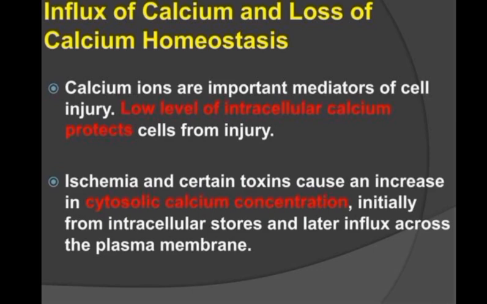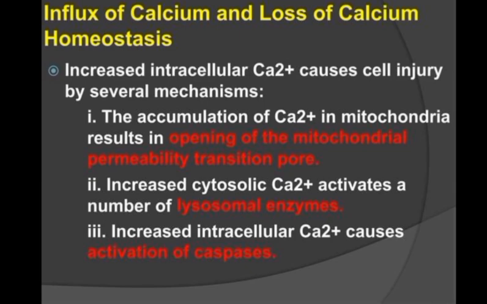Intracellular calcium level must be low. But in ischemia and toxin conditions, there is an increase in intracellular calcium level, which will initially accumulate in the mitochondria. Mitochondria will get swollen and damaged.